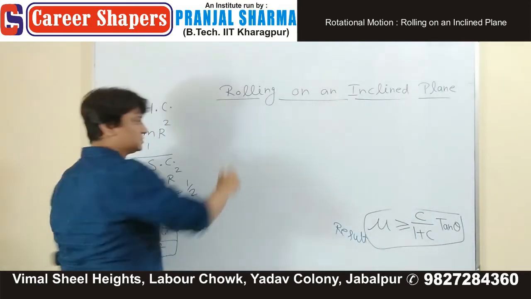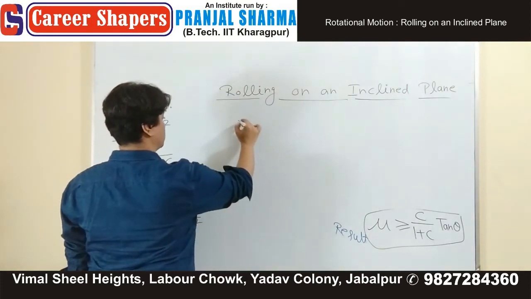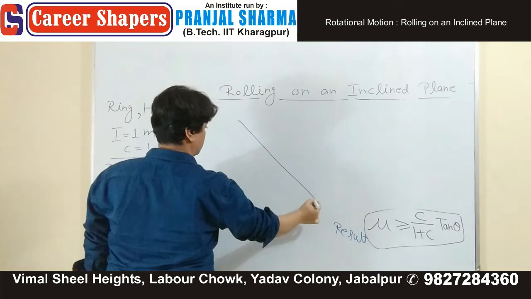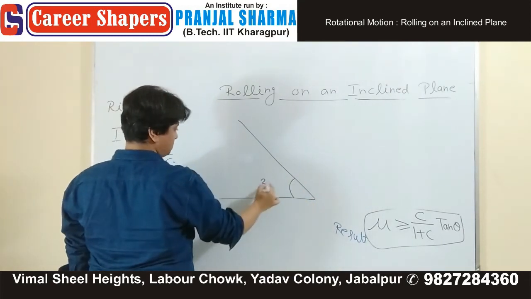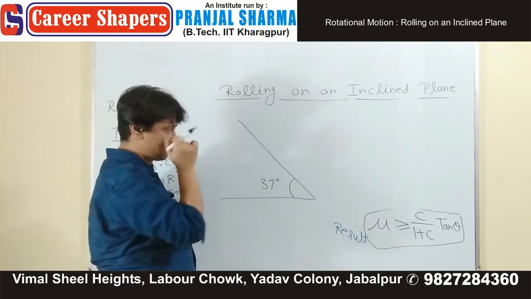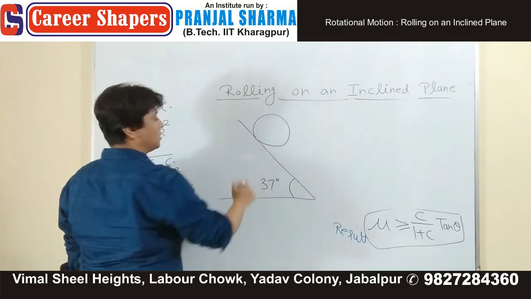Look at this. This angle is 37. We have a ring.